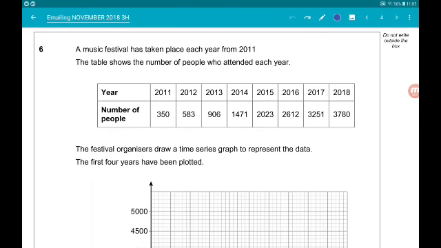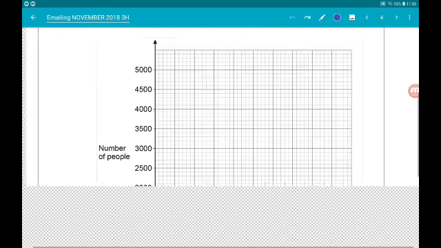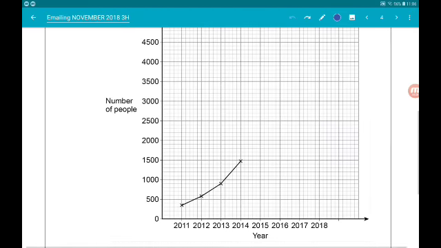Okay, question 6. A music festival has taken place each year from 2011. The table shows information about the number of people who attended each year. The festival organisers draw a time series graph using this data. So here's our time series graph. So they plotted the first 4 points.